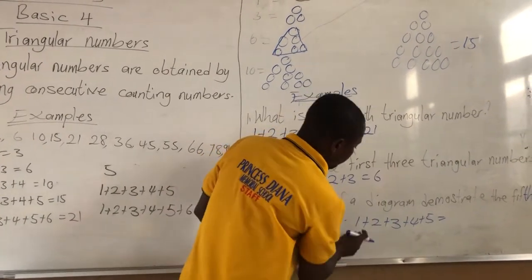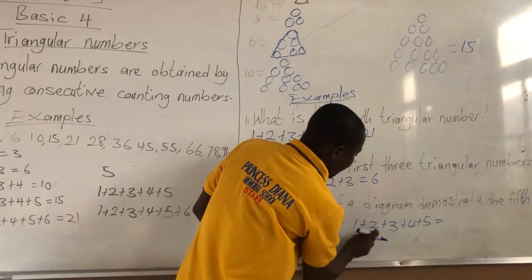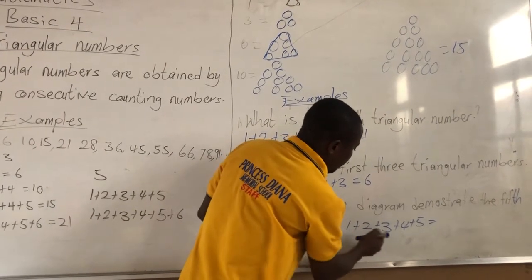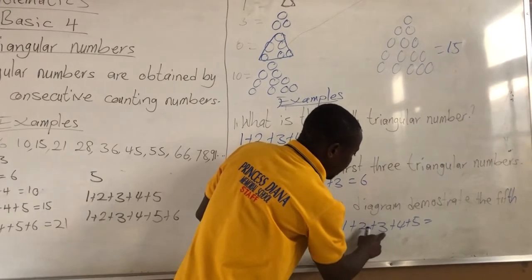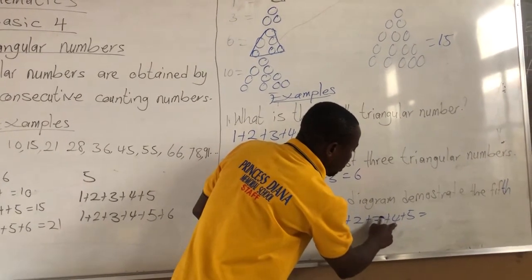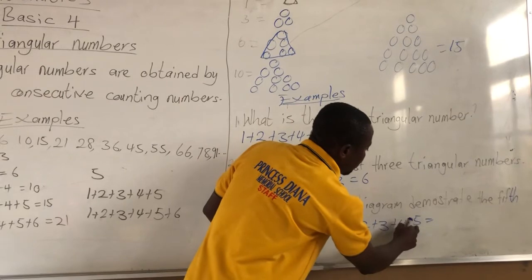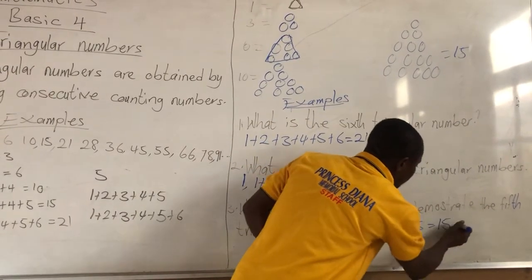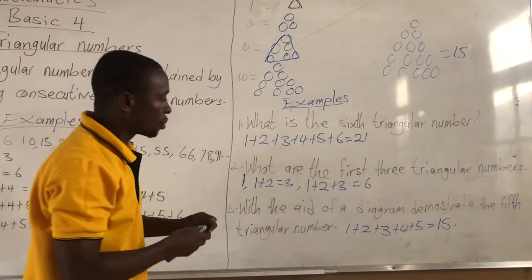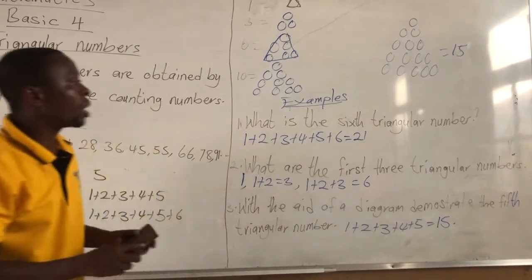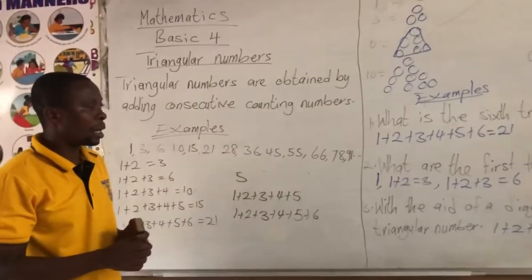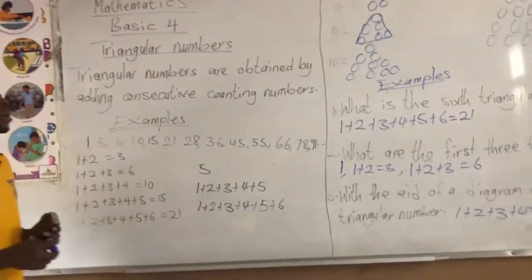When we add, 1 plus 2 gives us what? 3. 3 plus 3 will give us what? 6. 6 plus 4 will give us what? 10. And 10 plus 5 will give us what? 15. Good. You see? This is the fifth triangular number.